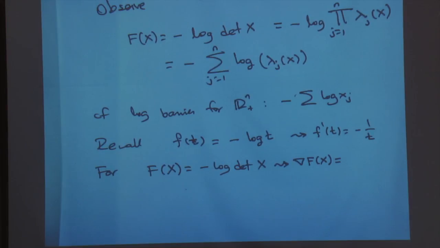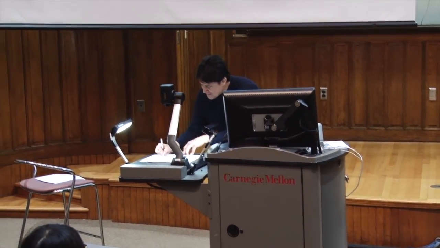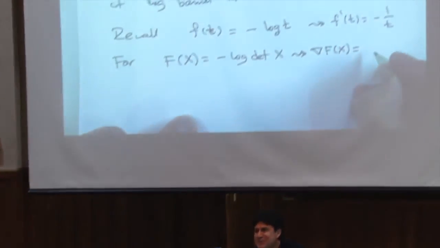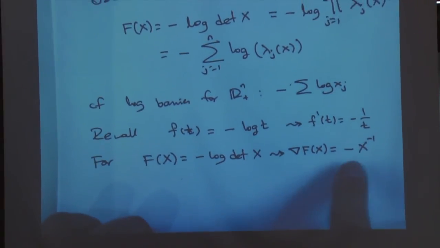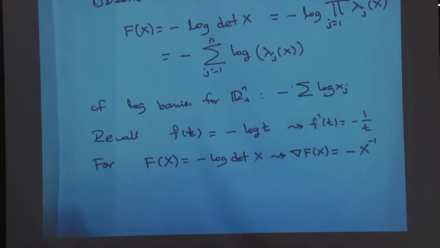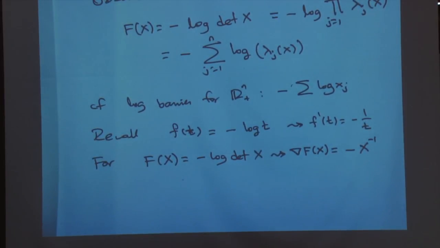Now here, the vectors that we are talking about are matrices, right? So the gradient should be another matrix. Now this is what is incredibly pretty. The gradient of the logarithmic barrier is, you could guess what it is from here, minus x inverse, okay? So it's kind of like pretty math.